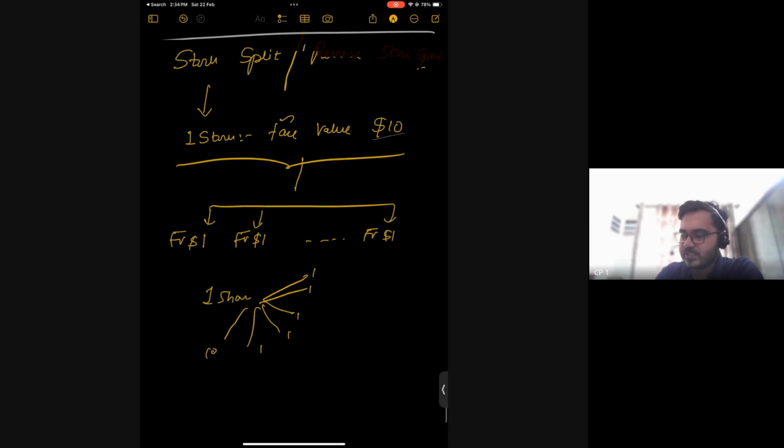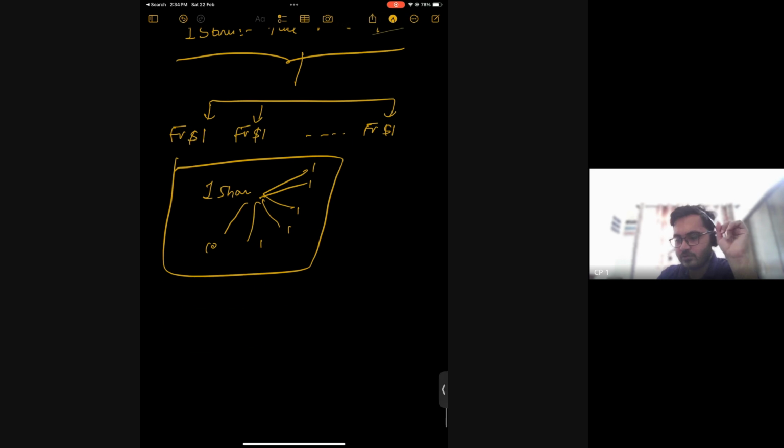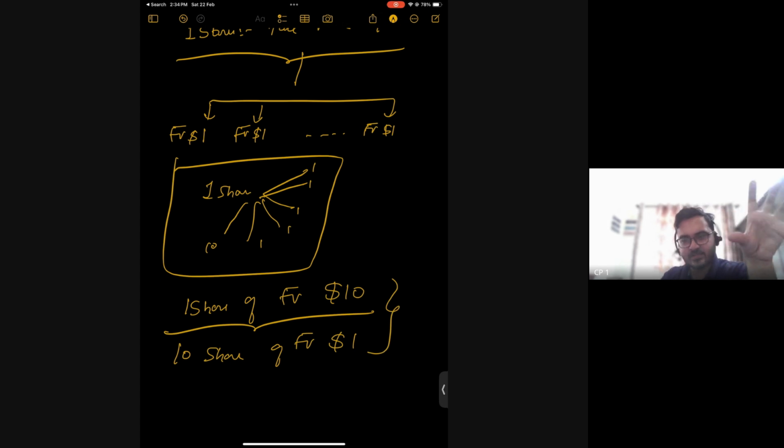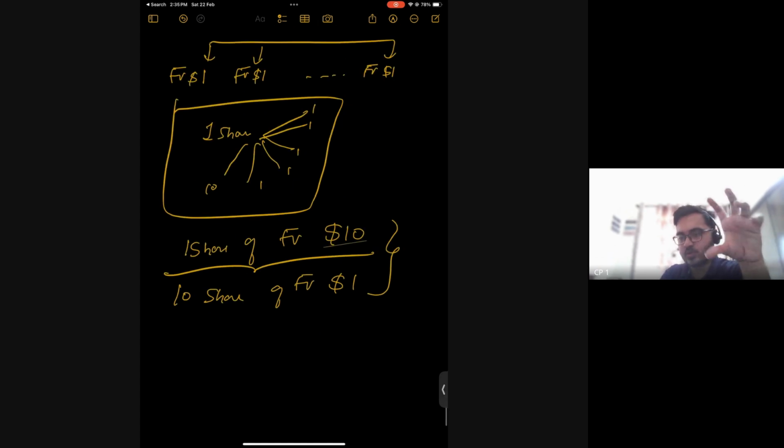So in this situation, an owner of one share of face value $10 now becomes an owner of 10 shares of face value $1 each. This is the fundamental difference between stock split and bonus share. Bonus share, you still own the same face value, but you get stocks for free.